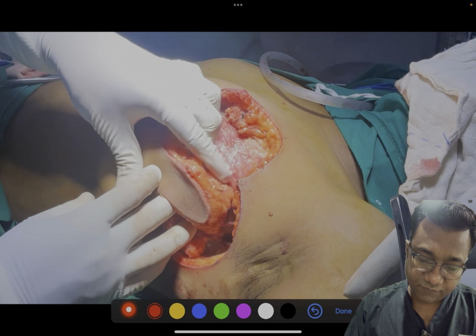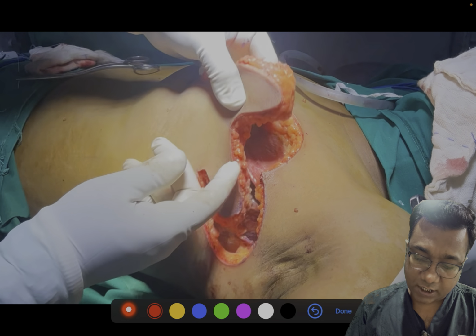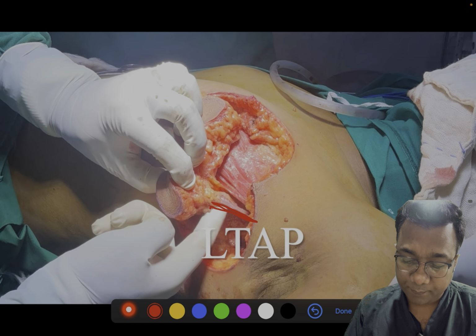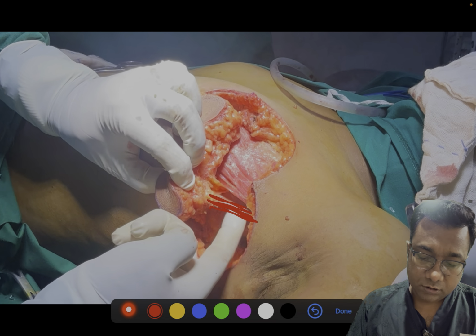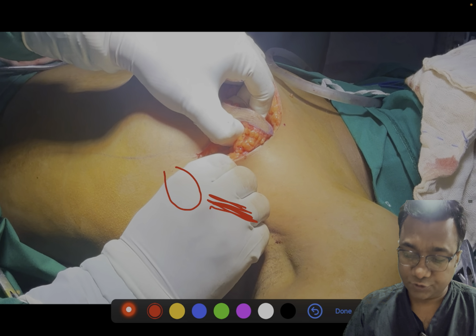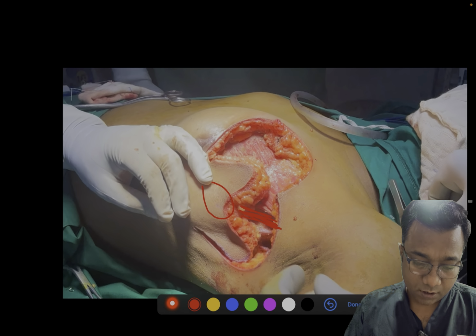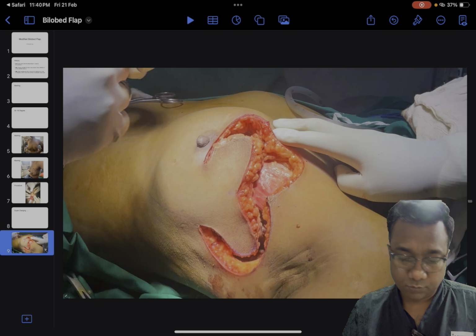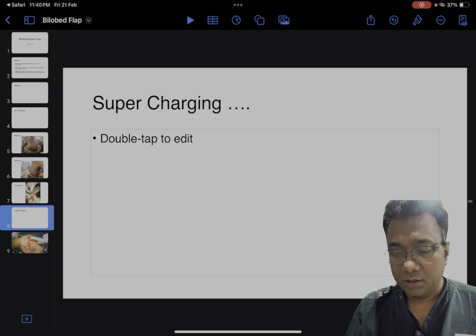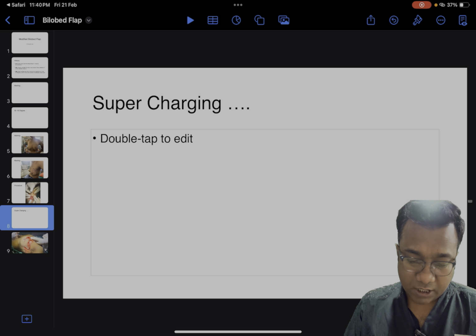If you see, that's the first one and this is the second one, and supercharging is based on this LTAP. Now L2 is supercharged with the first one with the LTAP. So that is the modification we have done with the LTAP vessels.